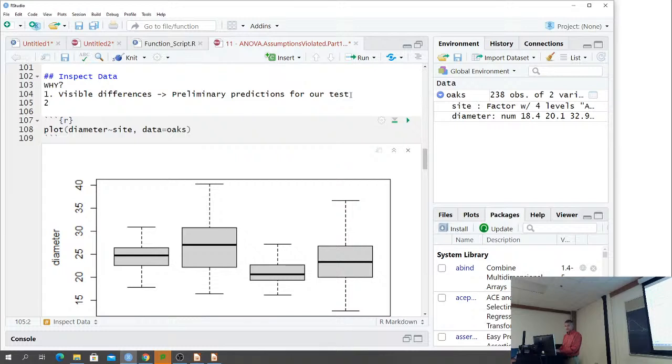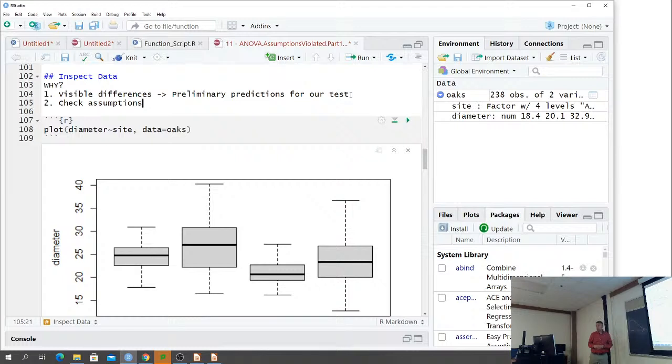Why else do we inspect our data? Check the assumptions of your test. All right, we can check assumptions. With our box plots, we're looking at having the median inside of those IQR boxes.